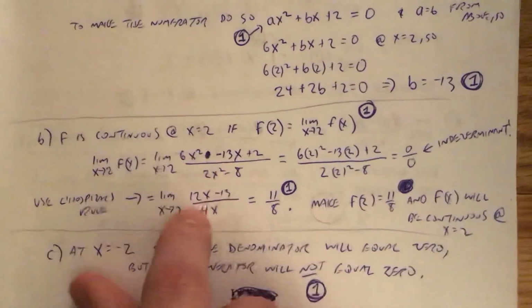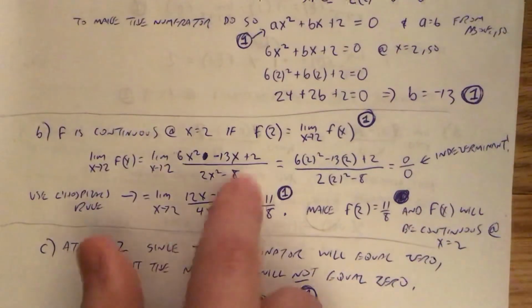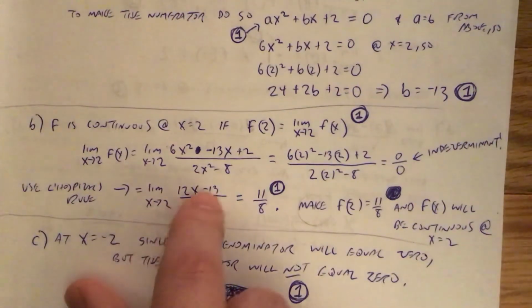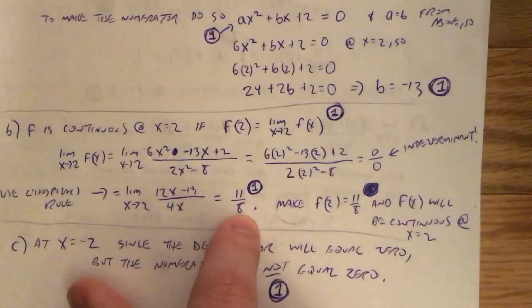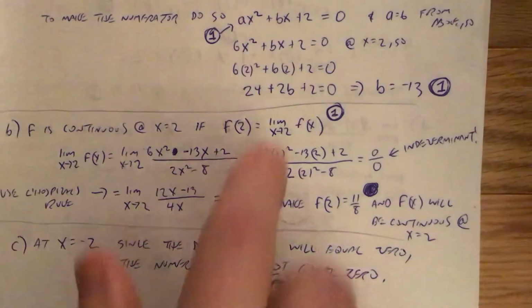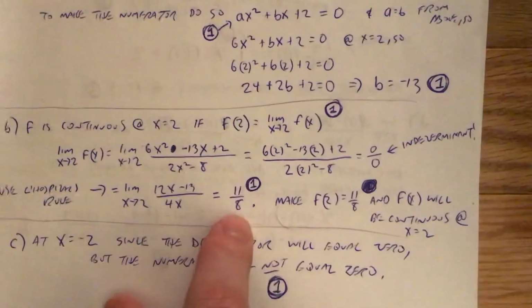I did L'Hopital's rule, 12x minus 13, and then 4x, and the 8 goes away. So now when I try it again, I get my answer, because now I can plug 2 into this version, and it doesn't give me something indeterminate. It gives me 11 over 8. So recognizing that you need to find the limit as you approach 2 as a point, and then getting the actual value.